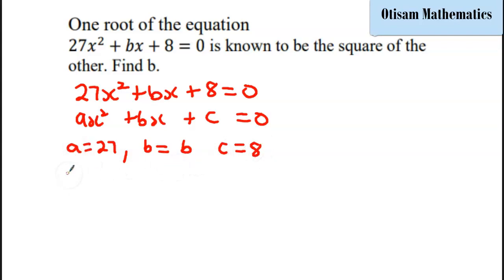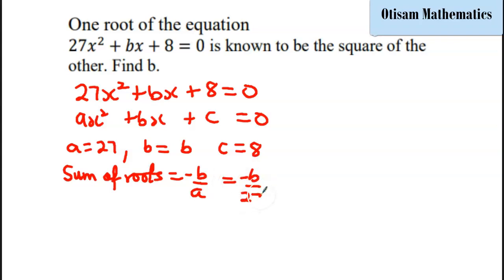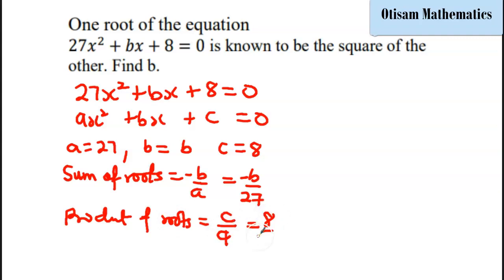So now what is the sum of roots? Sum of roots, which is minus b on a, is going to be minus b on 27. Product of roots is c on a, which is 8 on 27.